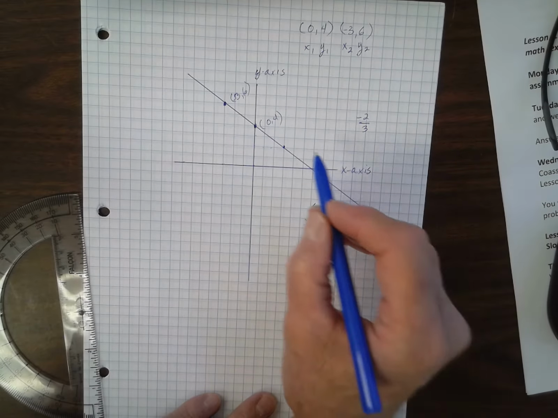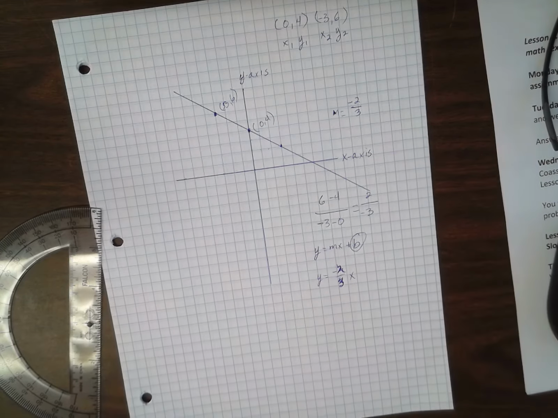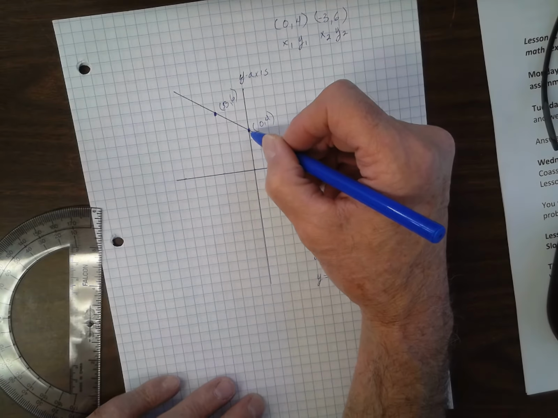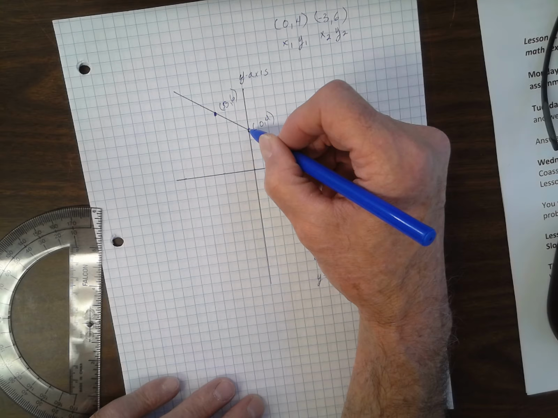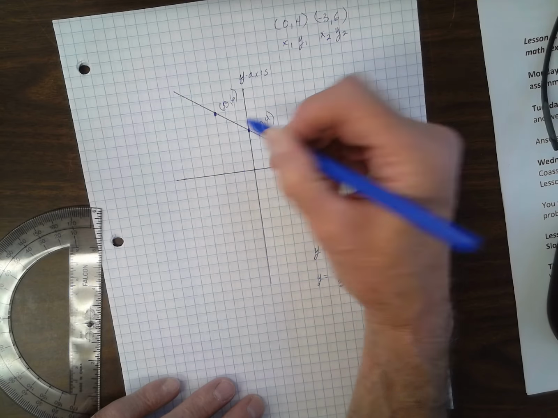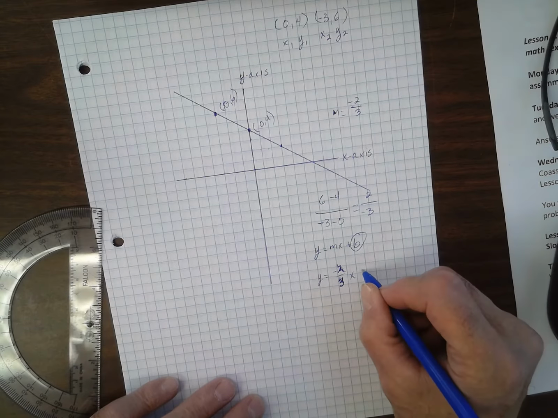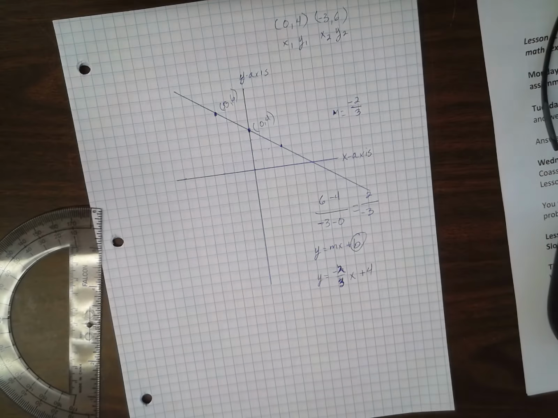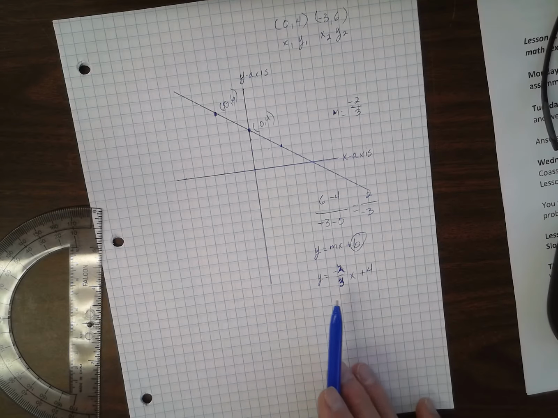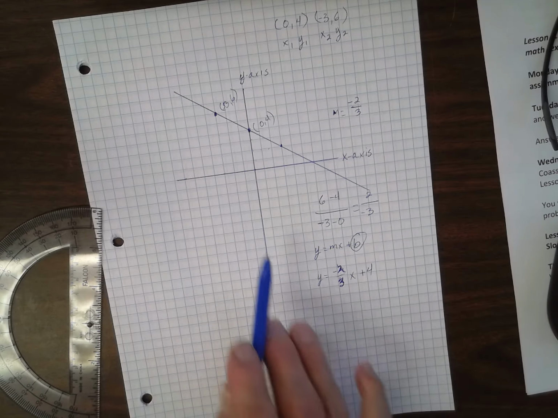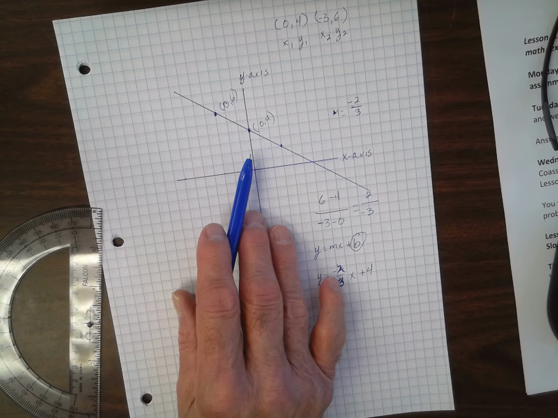Well, I don't know what b is yet. But wait. Isn't this where it crosses the y-axis? It is. 1, 2, 3, 4. Plus 4. Now, this equation is y equals negative 2 over 3x plus 4.